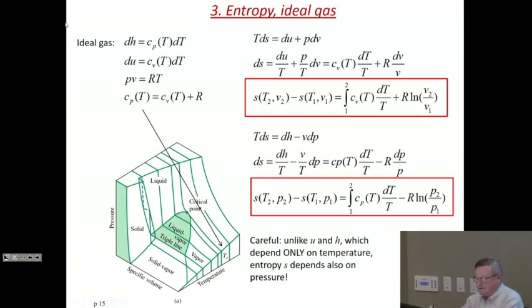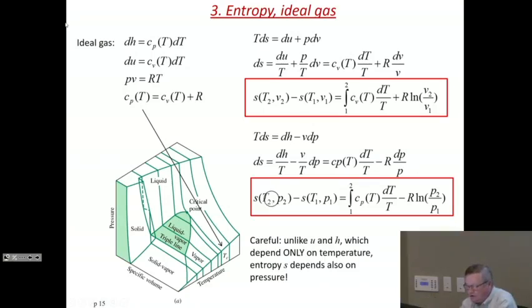Let me repeat this exact same thing with the enthalpy. So my TdS now is dH minus VdP. dH over T, that's Cp. V over T, from the equation of state, is R over P, with a minus sign, that's from here.